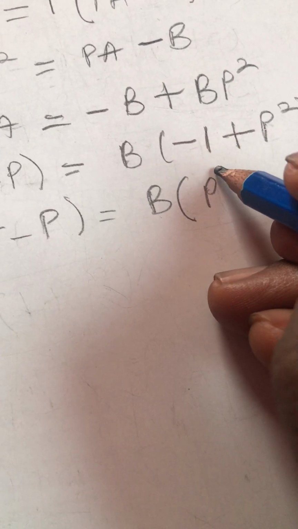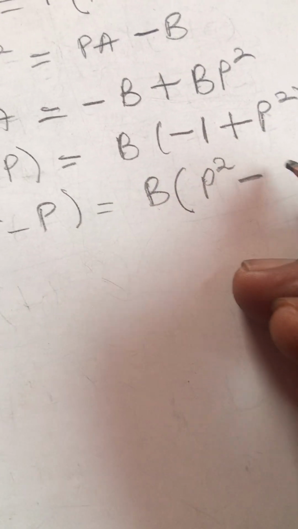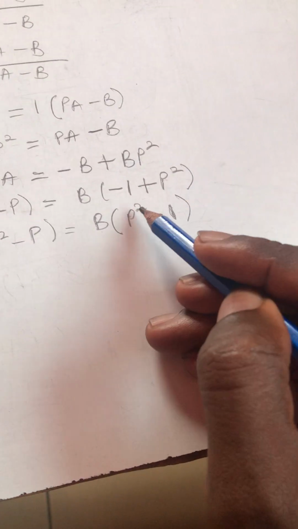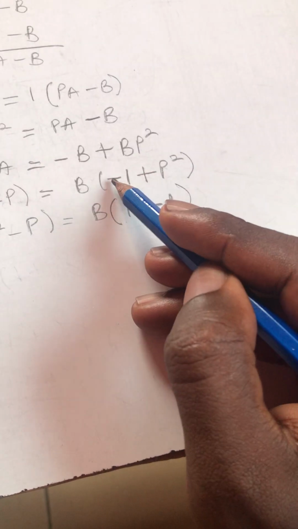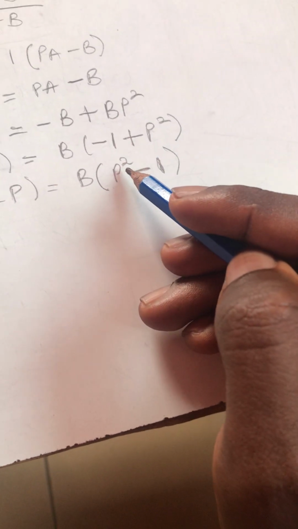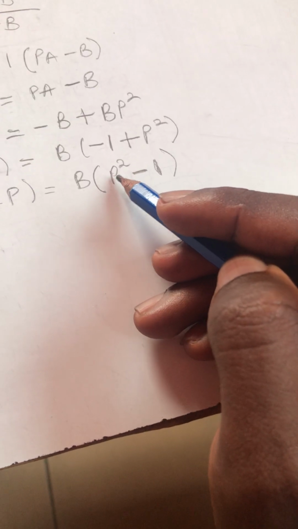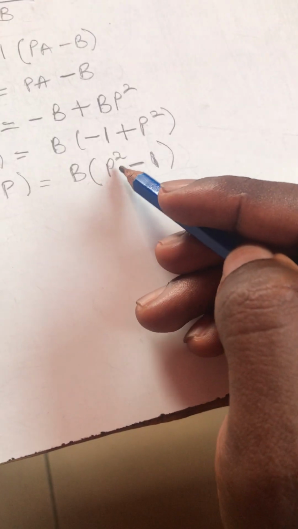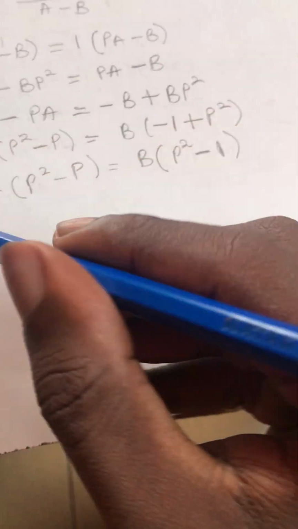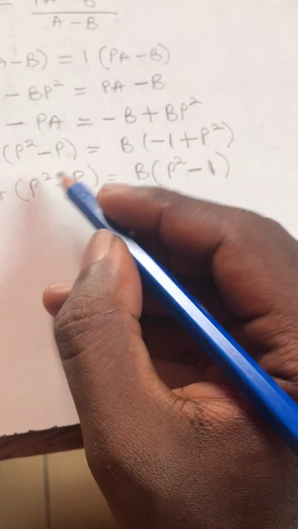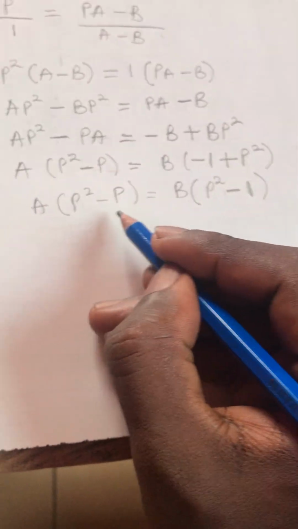P squared is a positive number, so we bring it first, and negative 1 is a negative 1, so we bring it in front of P squared, making our equation to be B multiplying P squared minus 1, right? So A is dependent on, or in bracket, P squared minus P, right?